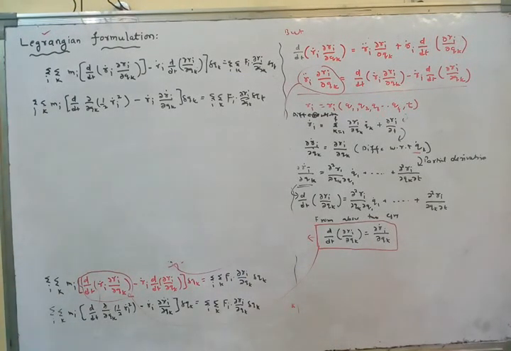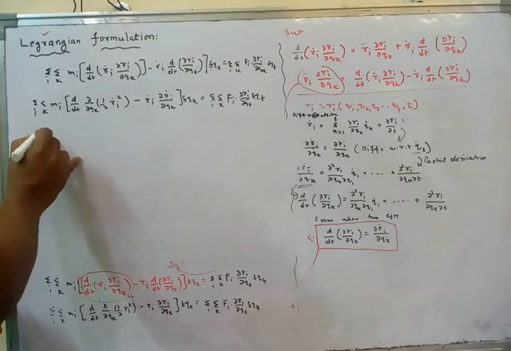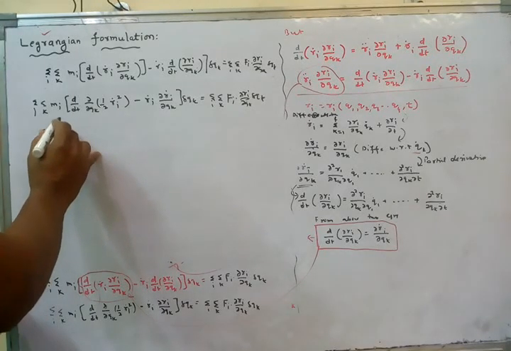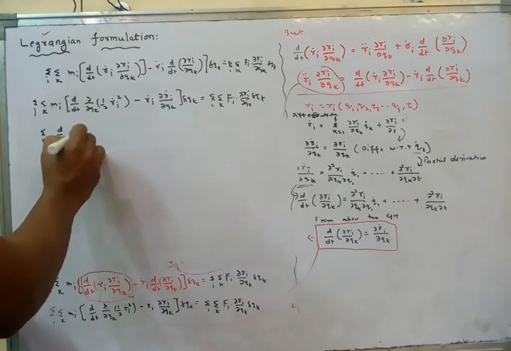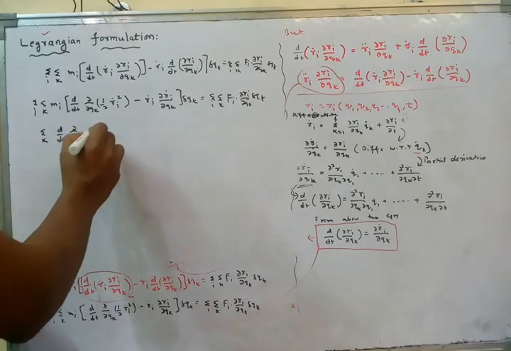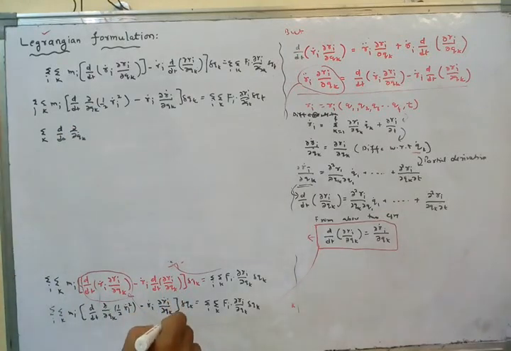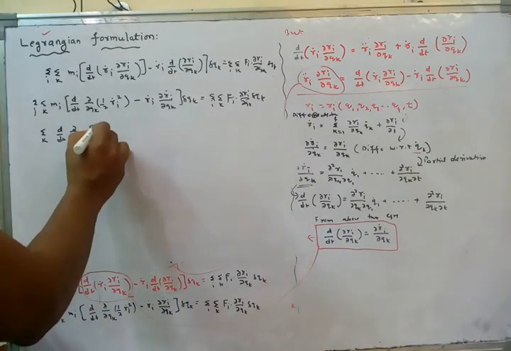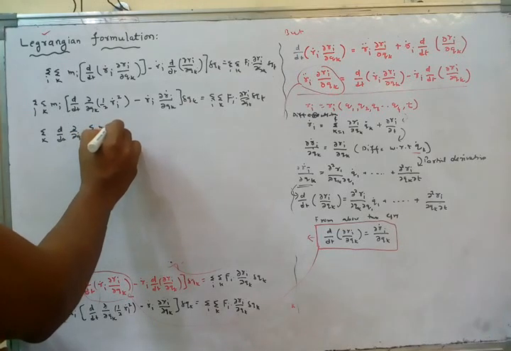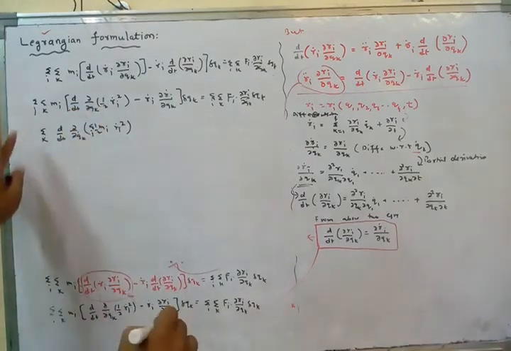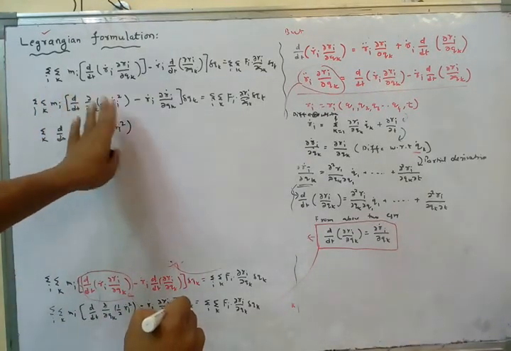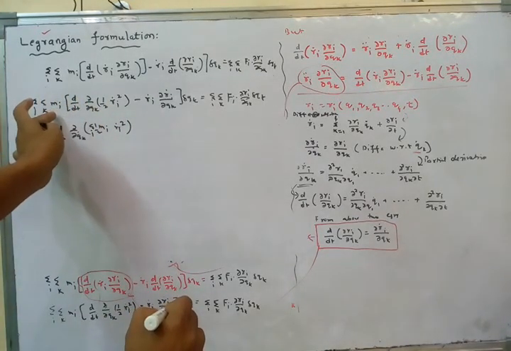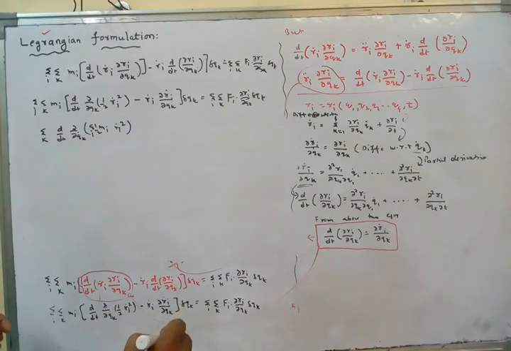After this, sigma k d by dt of dou by dou qk dot of sigma i half mi Ri dot squared. See here, we moved mi inside the bracket.